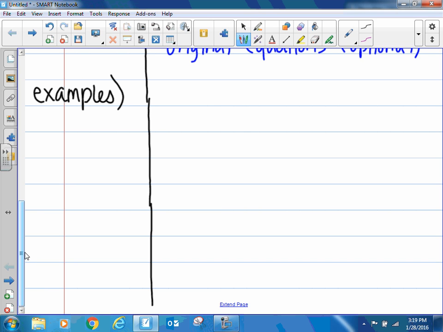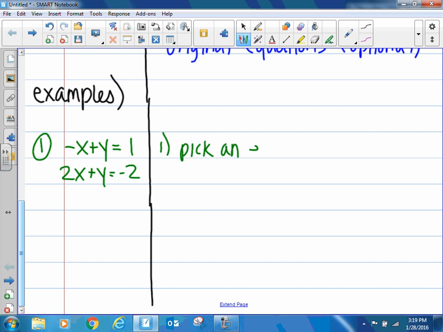Example 1. We have negative x plus y equals 1, and 2x plus y equals negative 2. So the first thing we're going to do, just reiterating the steps, is pick an equation and a variable to solve for.